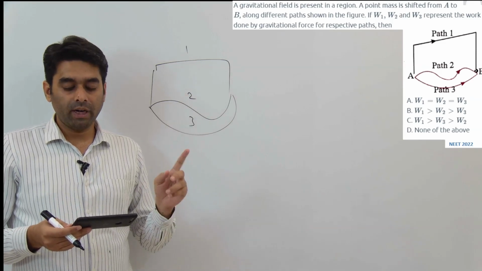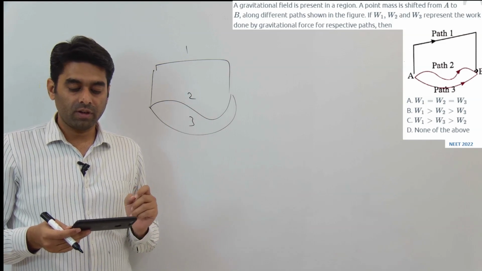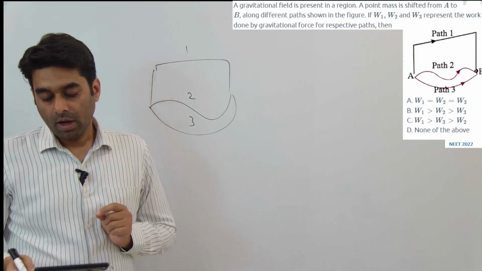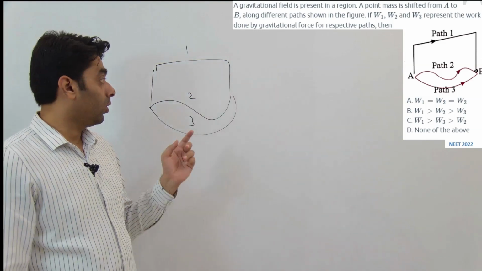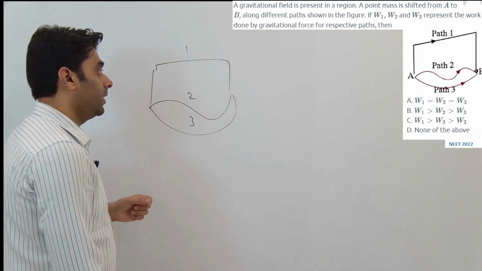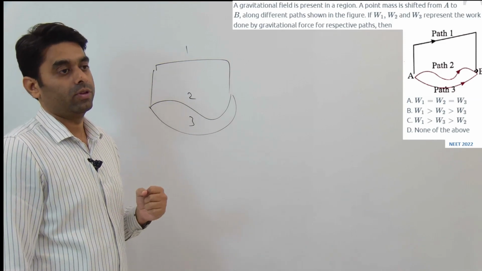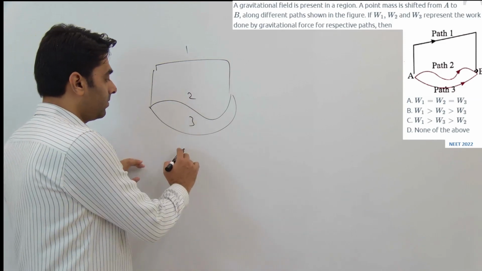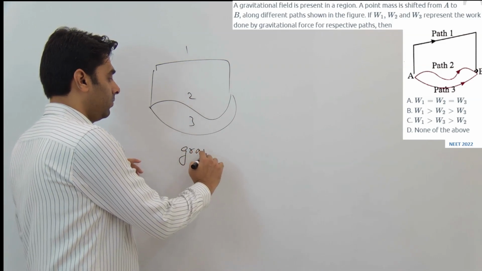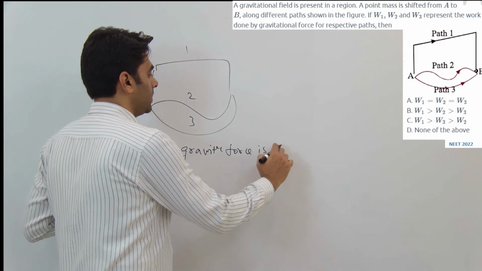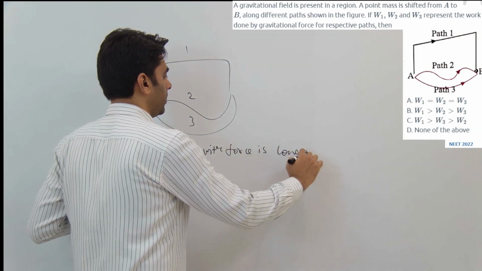If W1, W2, W3 represent the work done by gravitational force for the respective paths, then which one will be more along which path? Now, work done by gravitational force. What is the nature of gravitational force? Gravitational force is conservative, right?